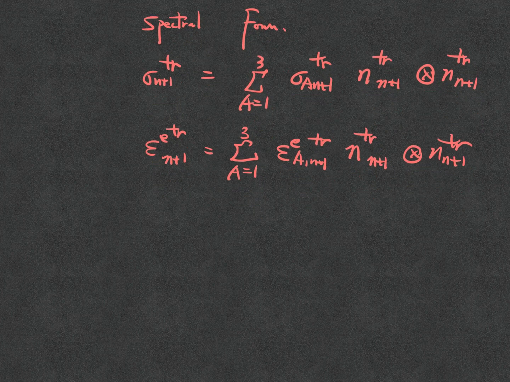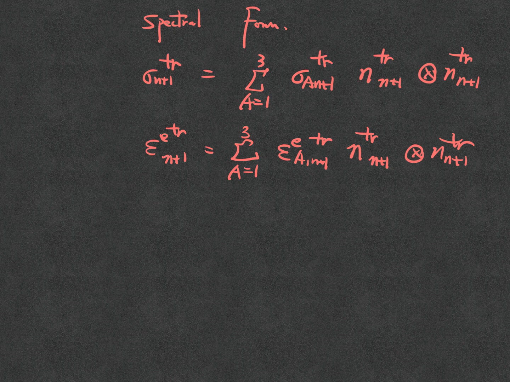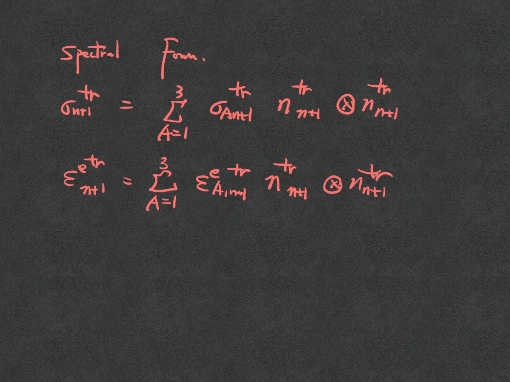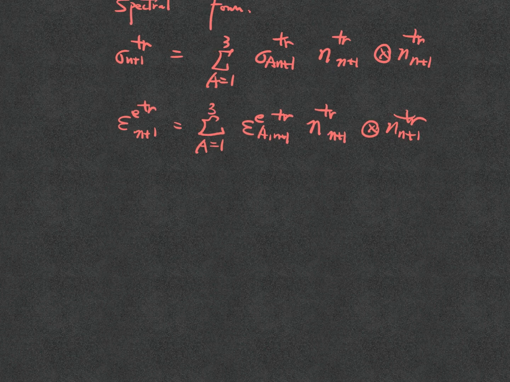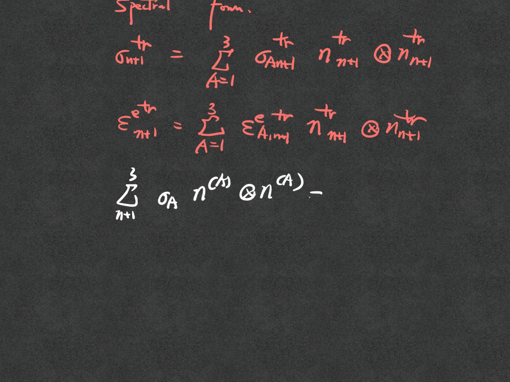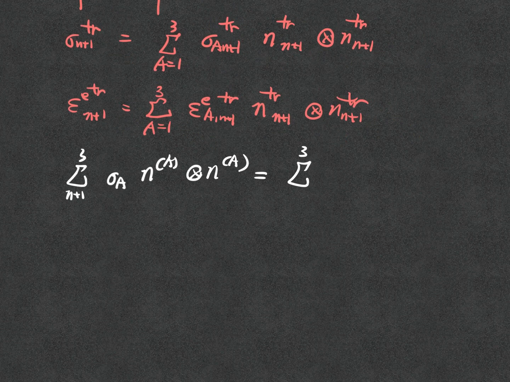And I am simply expressing the stress-strain relation in spectral form. Again, they share the same directions, the trial stress and strain. So what should we do next? The important thing we need to do is to rewrite it. I simply need to write it out by substitutions. So that would be sigma A and A. Now again, the spectral form, if you follow the general rules, is a substitution here.